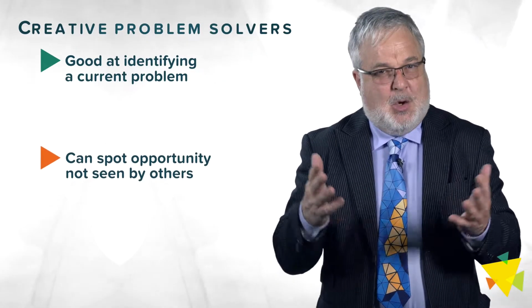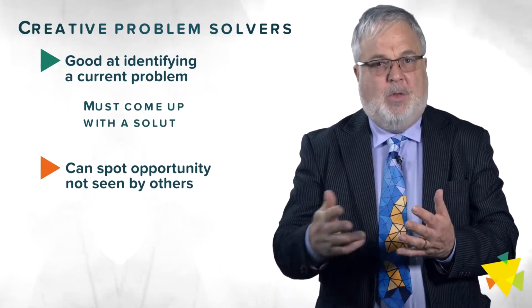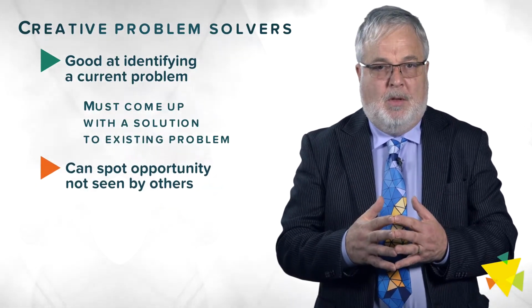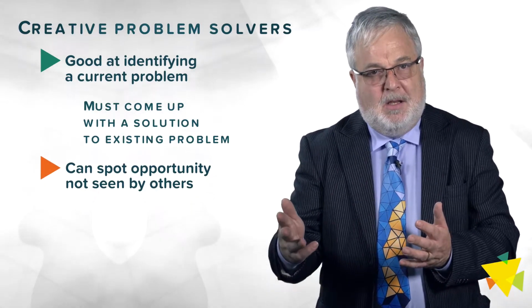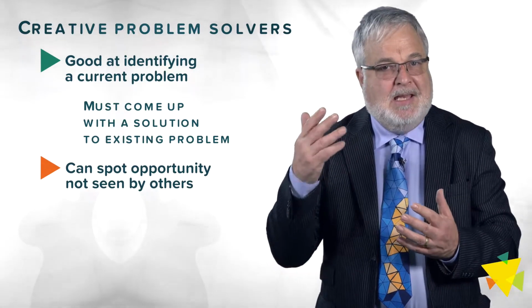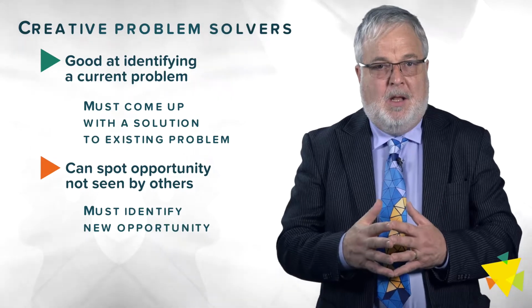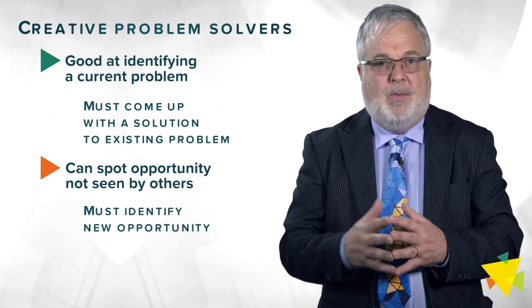In the first case, the creativity lies in coming up with a solution to an existing problem. In the second case, the creativity is in identifying a new opportunity that others may not have realized or thought about. I'm going to give a couple examples of each to explain the difference between problem identification and opportunity recognition.